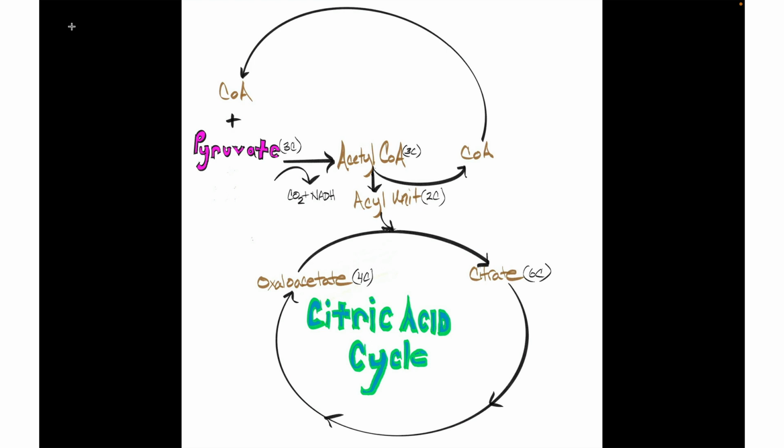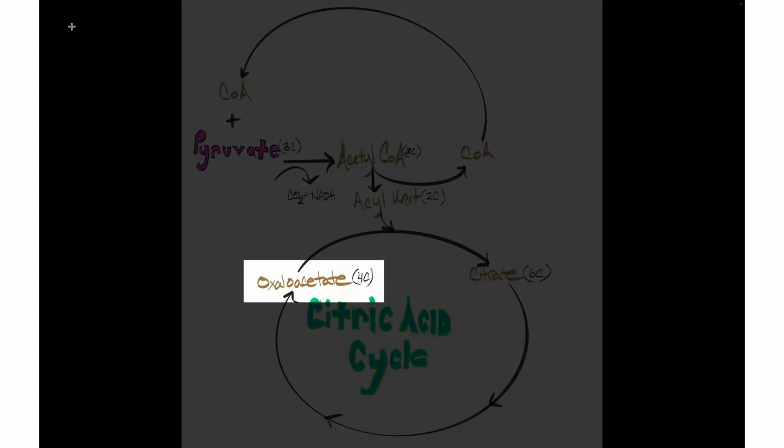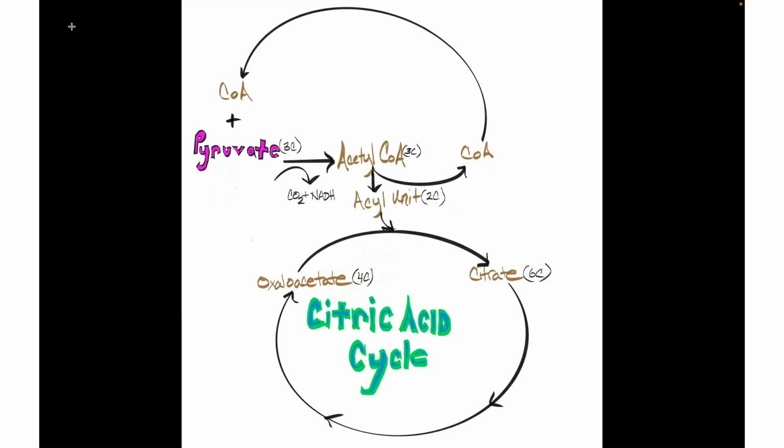And the acyl unit will combine or react with the end product of this cycle, the end product of the Krebs cycle, which is known as oxaloacetate. Oxaloacetate is a 4-carbon molecule. It is reacting with the acyl unit, which is a 2-carbon molecule.